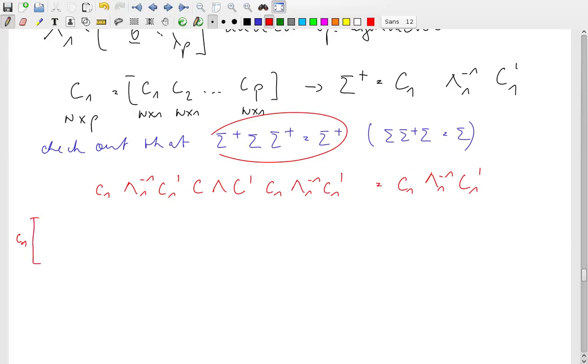Lambda 1 is a diagonal matrix, and the inverse of a diagonal matrix is easily computed by taking the elements on the main diagonal and inverting them. Okay, that's lambda 1 to the minus 1, and now I'd like to write here C1 prime C, the result of that operation.